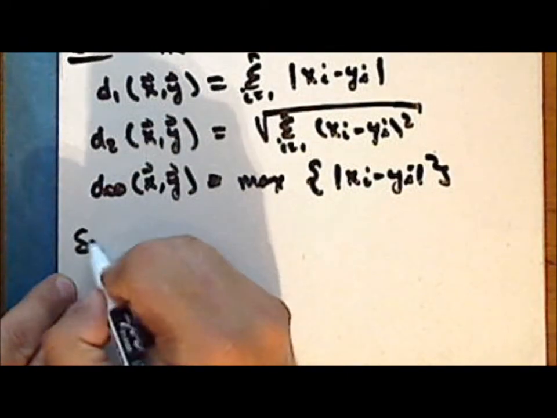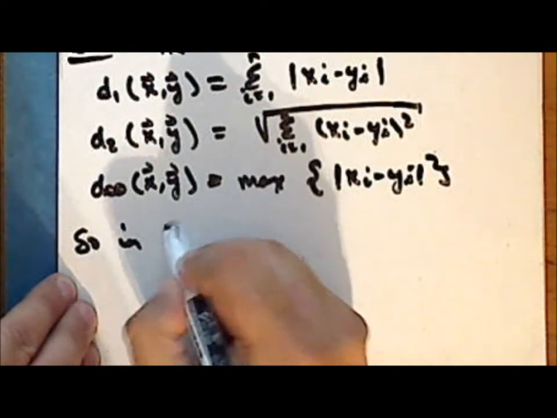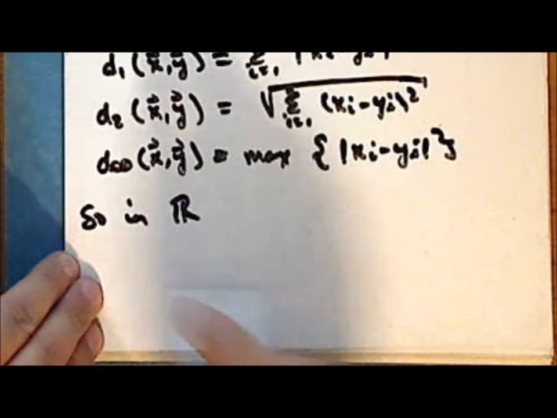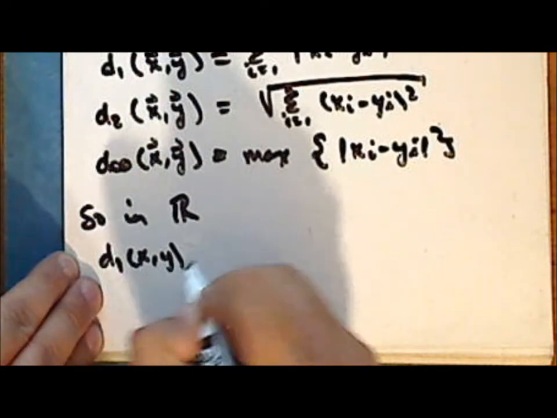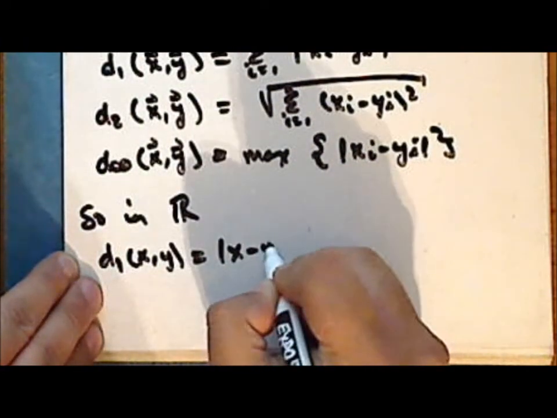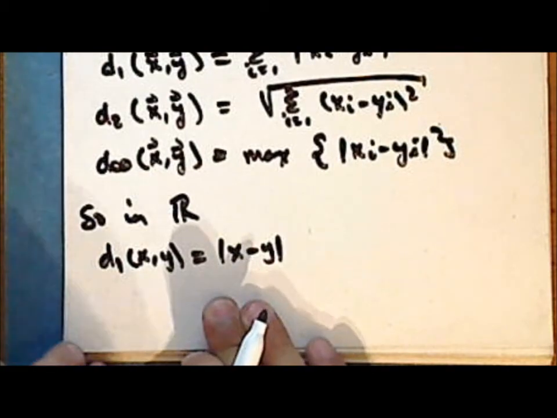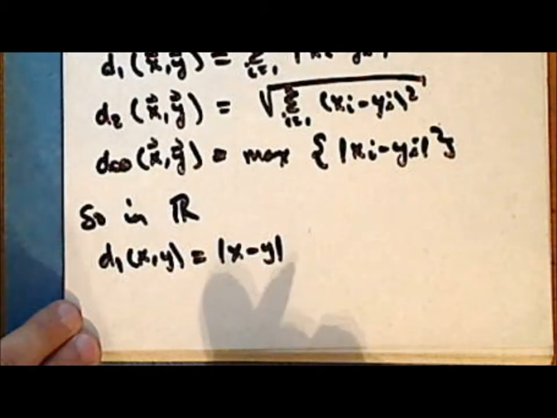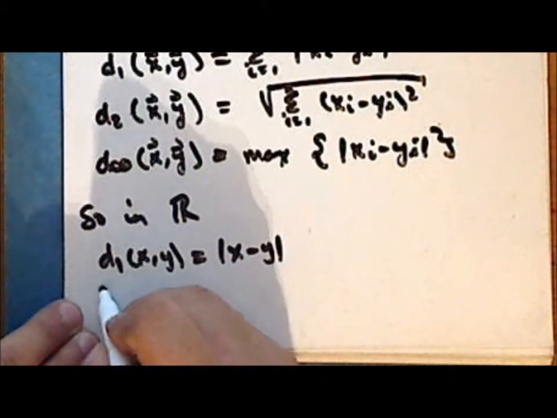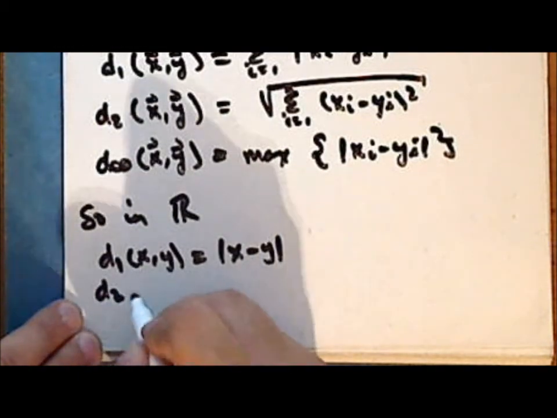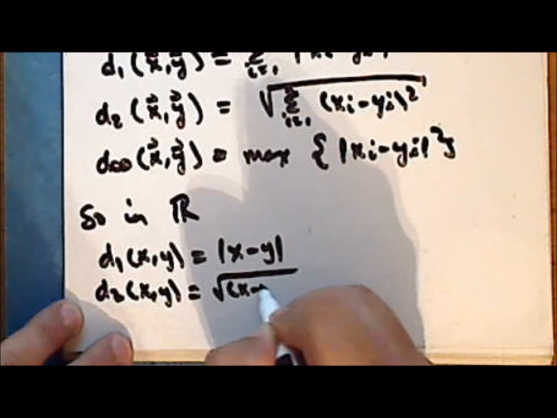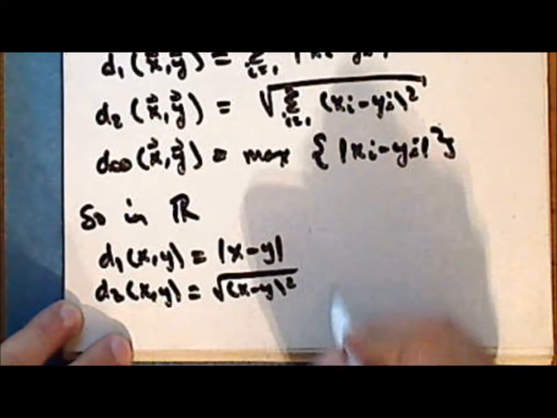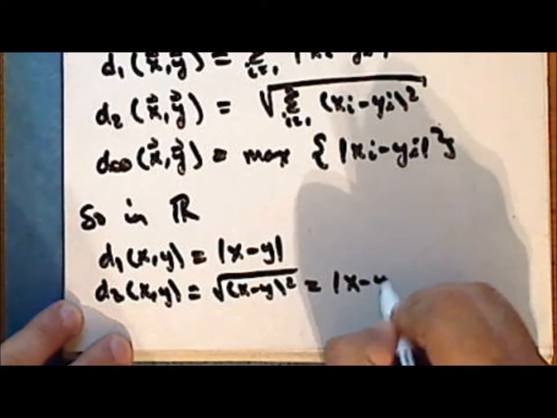And so in one-dimensional real space, so in the real line, the taxicab metric is the absolute value of the difference in x and y. That is, it is the standard metric on the real line. The Euclidean metric is the square root of the square of the difference, which is the absolute value of the difference.